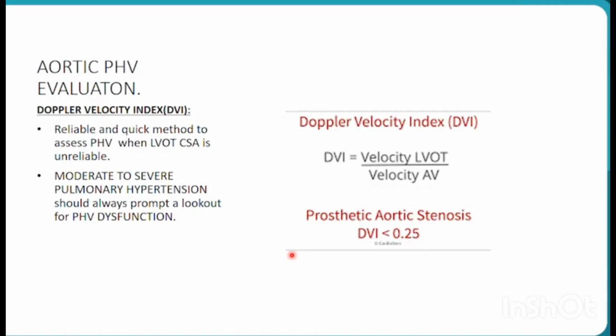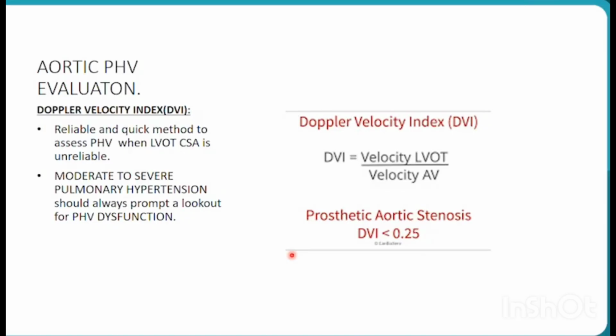And it is a ready reckoner, because sometimes there can be error in cross sectional area estimation, there can be differences in the gradient. So you can easily see whether the DVI is less than 0.25, then we are almost sure that the patient has got prosthetic heart valve stenosis.